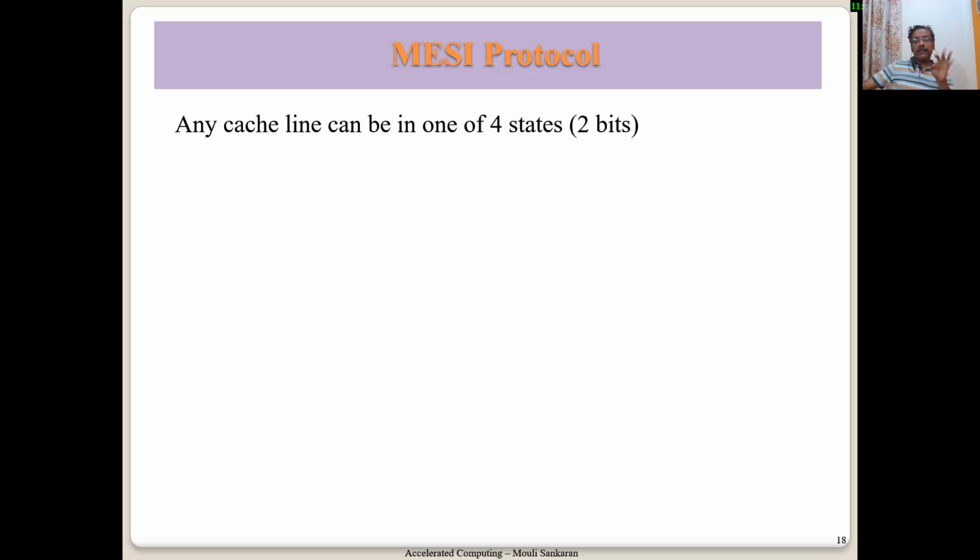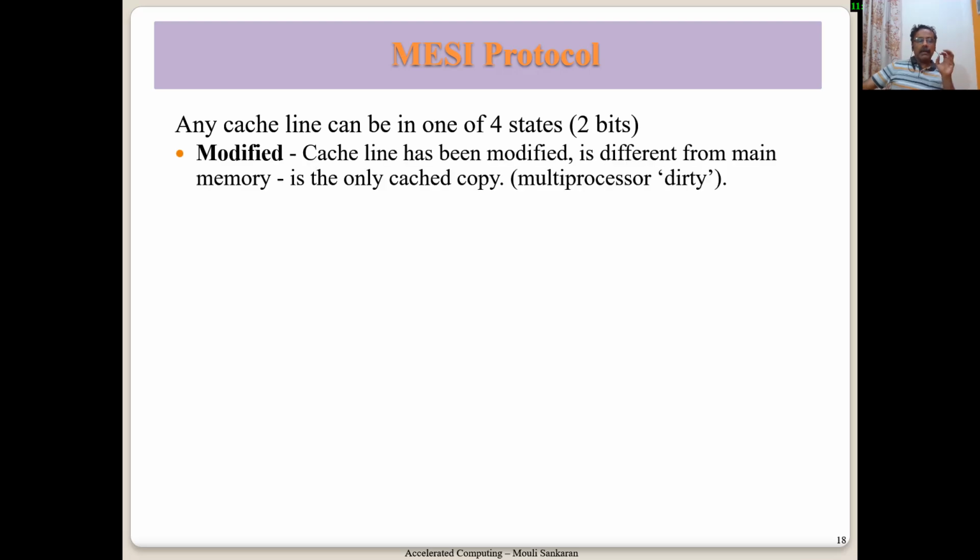So any cache line can be in 4 states. Okay, 2 bits are used, MESI. Now let us understand what is modified state. If a cache line is in modified state, that means this core is doing the write operation. It is different from main memory content because it is a write back policy, as we are always doing write back only. Write through doesn't have to do all these things. Okay, you can assume that the MESI or MSI protocol comes because of the write back policy.